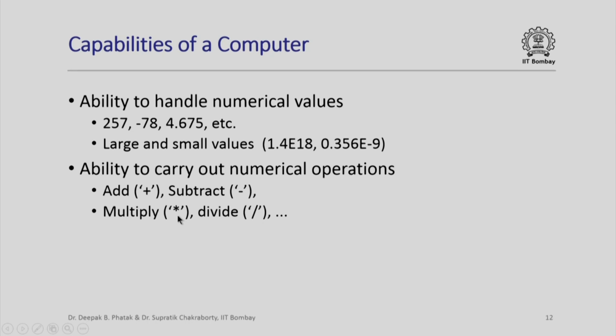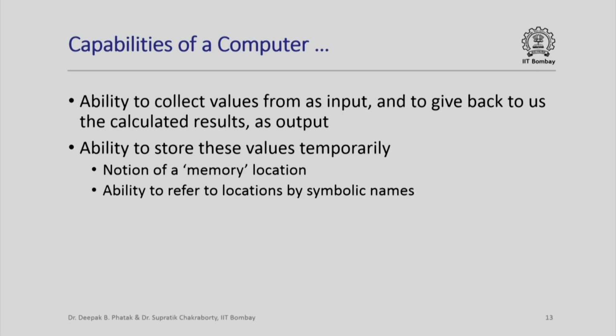Ordinarily, when we want to depict multiplication on a piece of paper, we say something x something. The symbol x, which is used for the letter x, is also used to denote multiplication. But because computer programs do not want to be confused with letters and symbols, they use this symbol star for indicating multiplication.